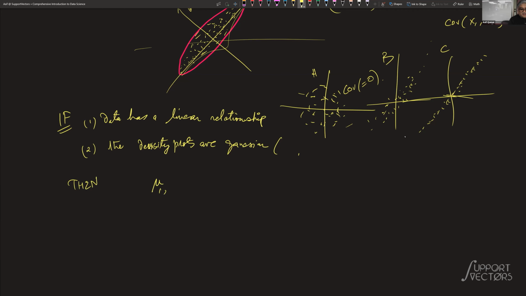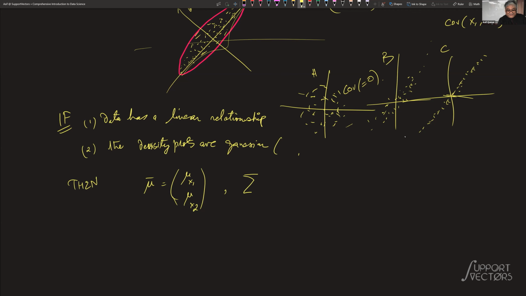the mu x1, mu x2. See, this is the mu vector, right? Mu along x1, mu along x2 is the mu vector. So let me just refer to it as mu vector. Mu vector, the variance vector sigma.